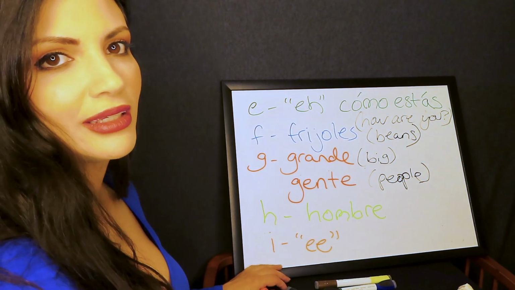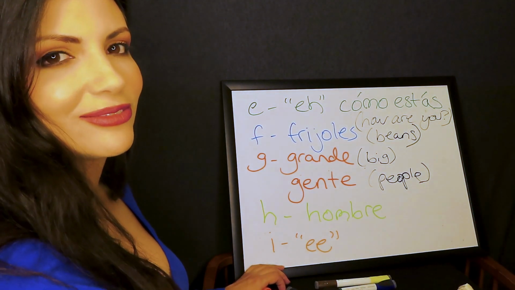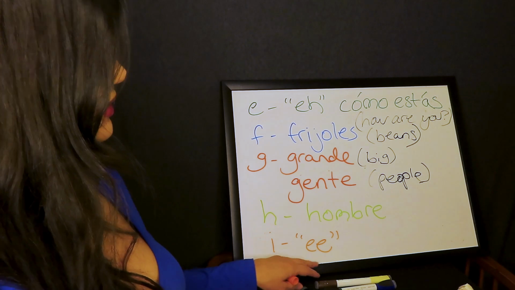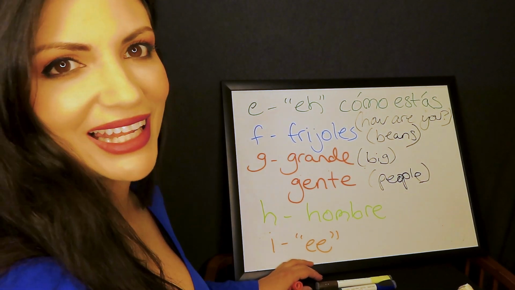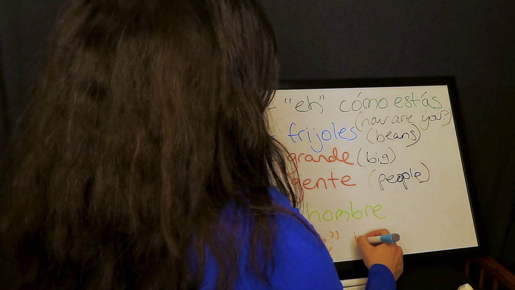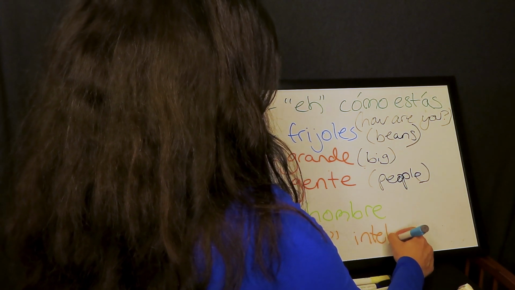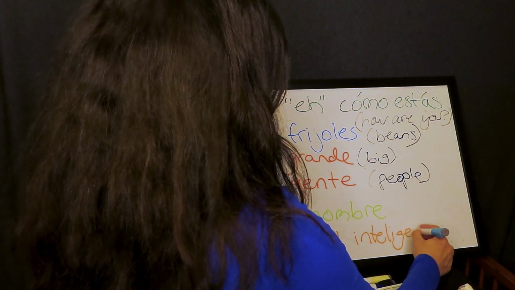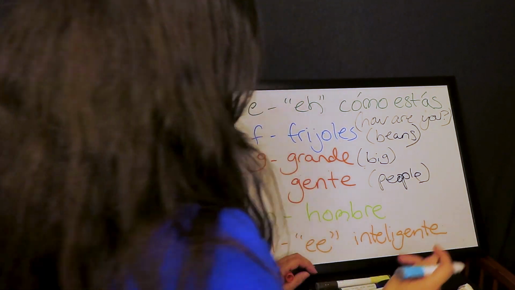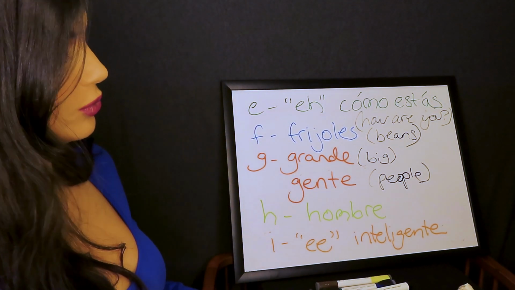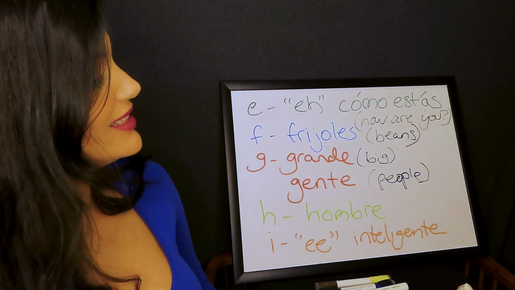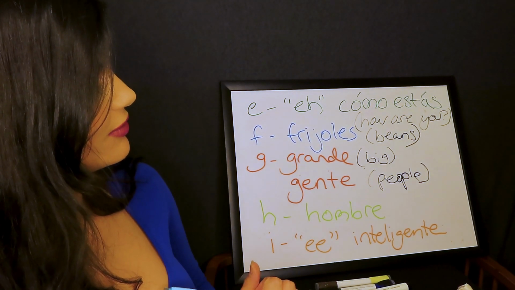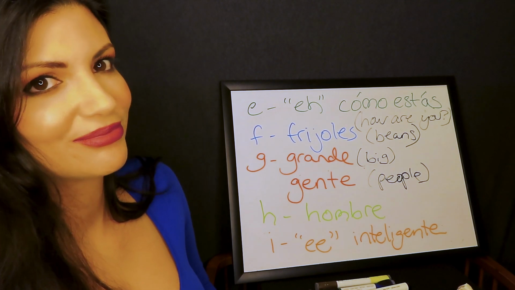I is pronounced much like E in English. And an example is inteligente. Which you may surmise is intelligent.